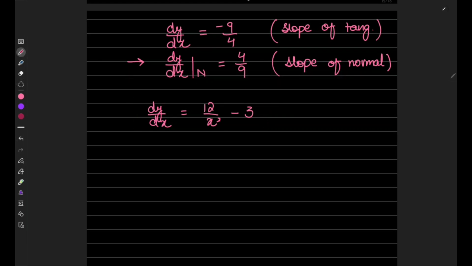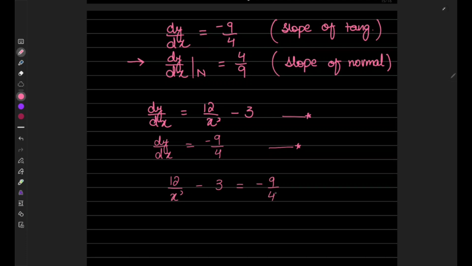So putting this equal to minus 9 over 4. Equating these, 12 over x square minus 3 equals minus 9 over 4.